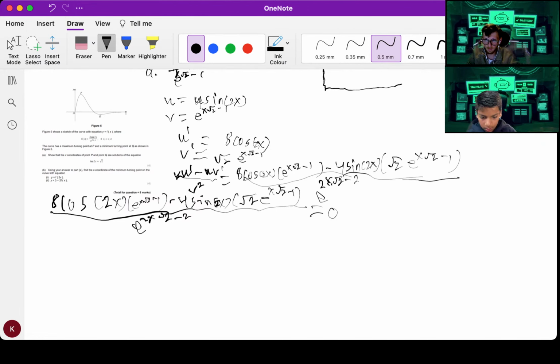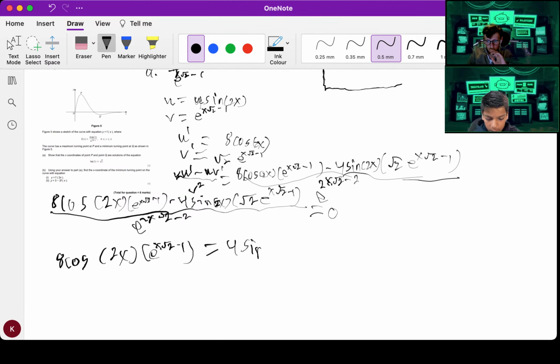So I guess that means 8 cos of 2x times e to the power of x root 2 minus 1 is 4 sine 2x times root 2 e to the power of x root 2 minus 1.